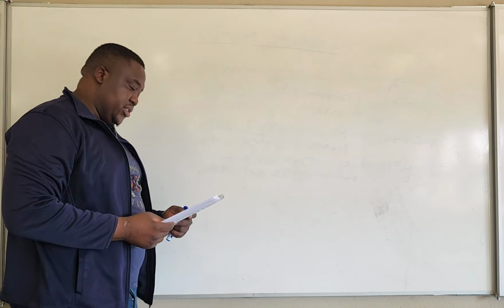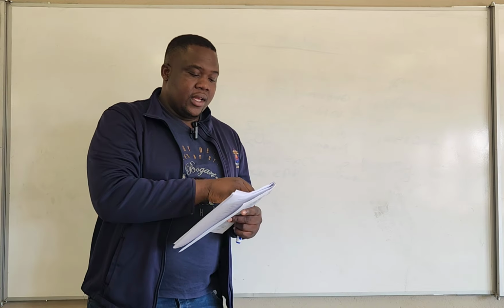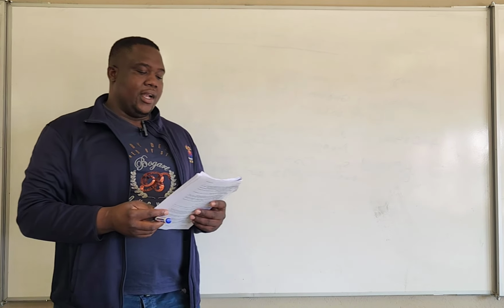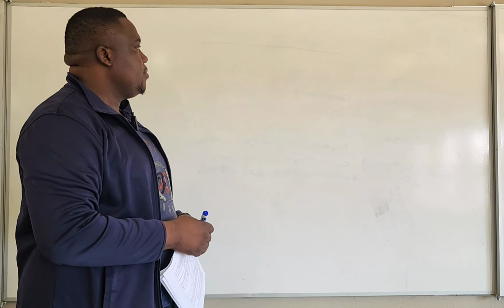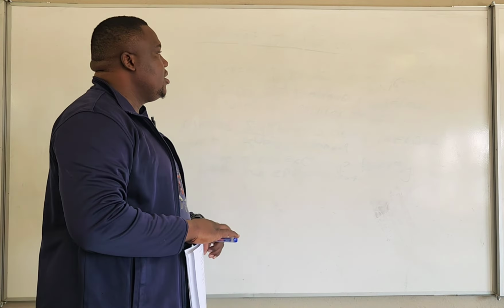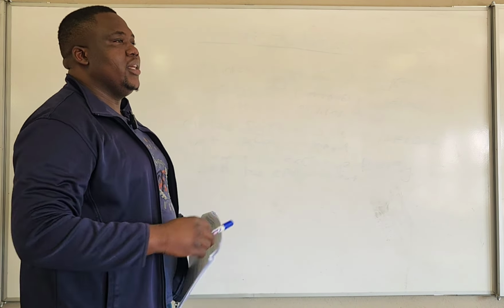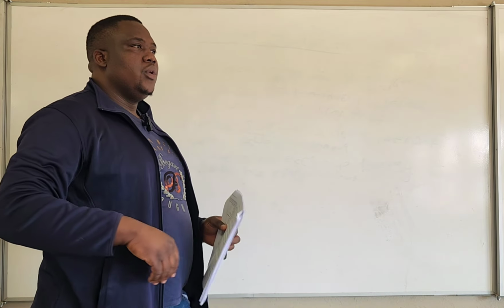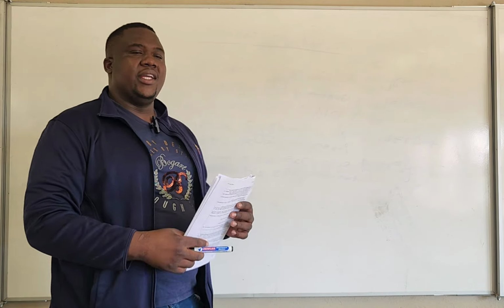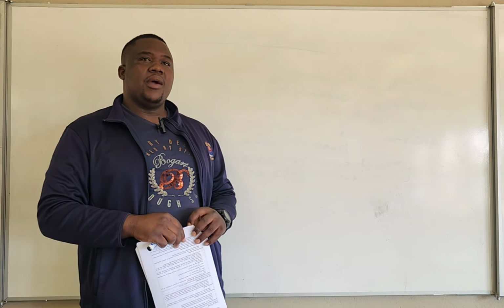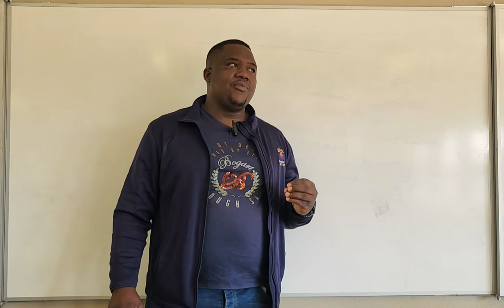If the system is not closed, it means that chemical equilibrium will not be reached. Ladies and gentlemen, you need to understand that chemical equilibrium is going to be maintained in a specific type of reaction.